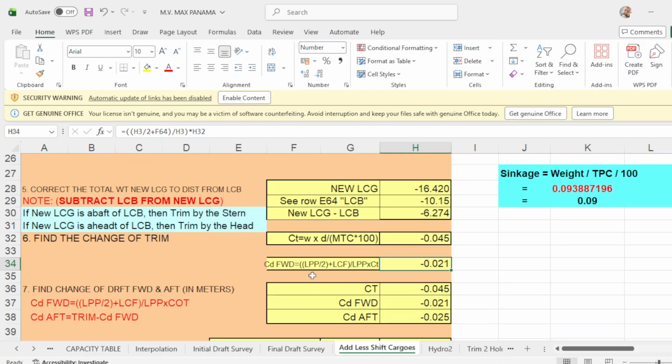After you've completed, your change of drop forward will be negative 0.021. Your change of trim is this one, 0.045. Change of drop forward is this one, negative 0.21, and change of drop up is your trim, H36.